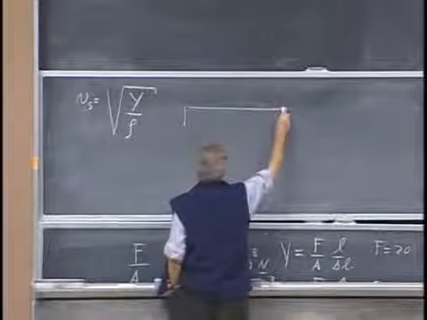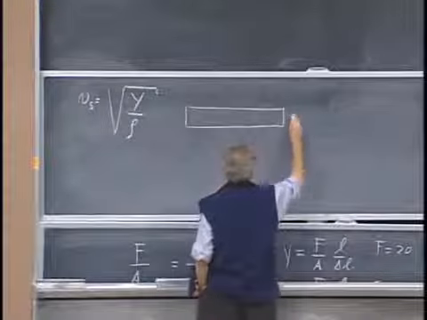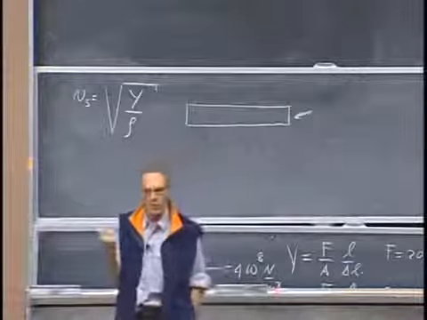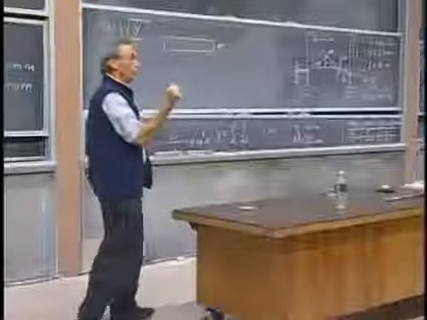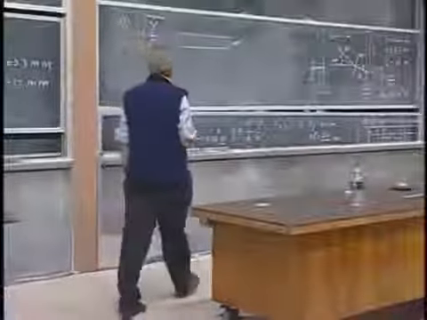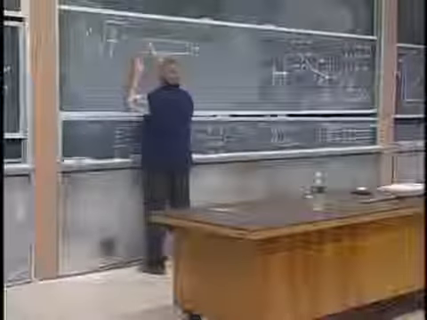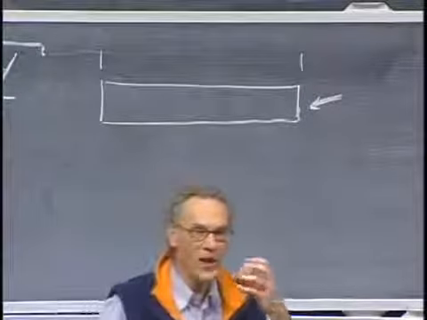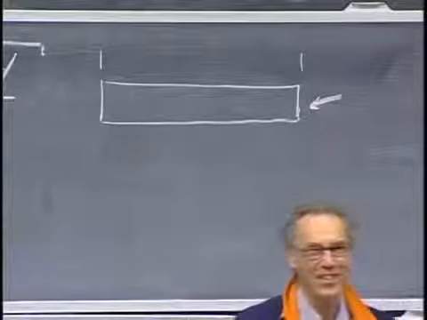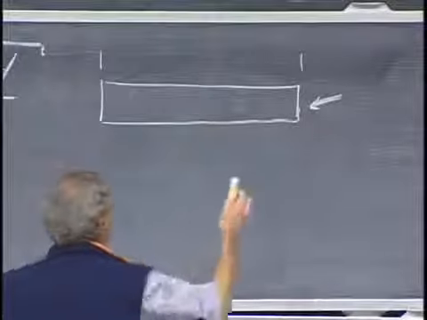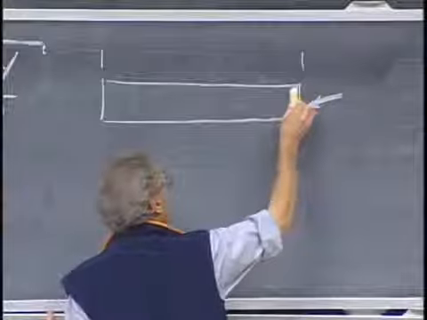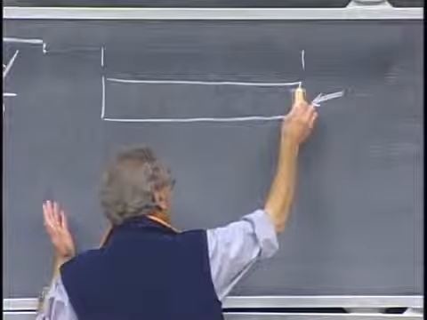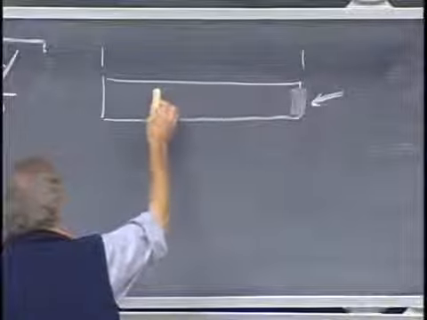If I have here a rod, a bar, and I give this bar a bang, I hit it. If this bar were infinitely stiff, that means Young's modulus were infinitely high, then the bar would instantaneously move here when I hit it there. But if the bar is not infinitely stiff, if it has a certain amount of elasticity, then I hit it here, and I produce some kind of local increased pressure, which is going to propagate to this end.